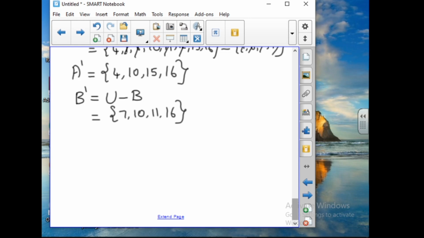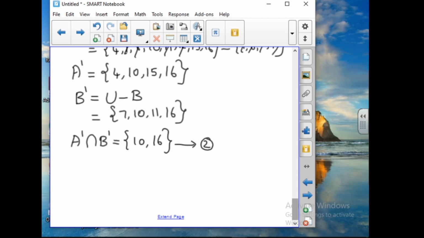If you have any doubt, you can check it. Okay. Then you have to find A dash intersection B dash. So A dash and B dash, what are the common elements? 10 and 16. Okay. This is your equation number 2.